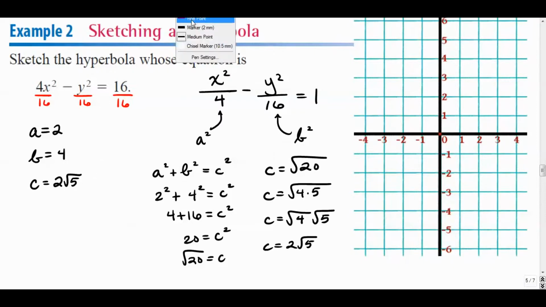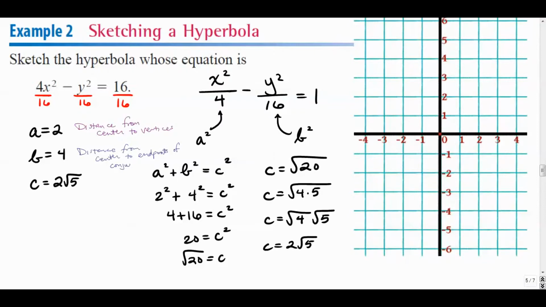And just as a recap here, a is the distance from the center to the vertices. b is the distance, this is all in the first part of the video if you want to go back and watch that, from the center to the endpoints of the conjugate axis.